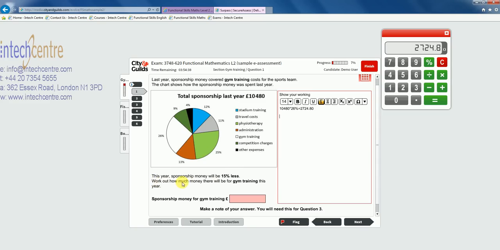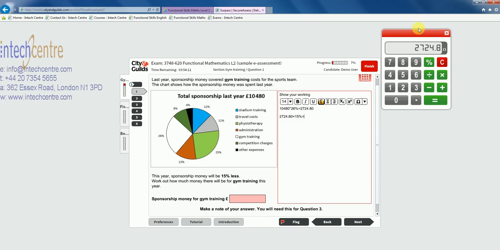This year, the sponsorship money will be 15% less. Work out how much money there will be for gym training this year. So now what we need to do is use this value and work out 15% of this value. So that's 2724.80. We can use the function buttons here. So I'm going to show you 2 ways to do this. So that's times 15%.